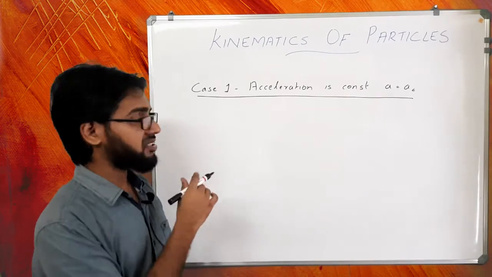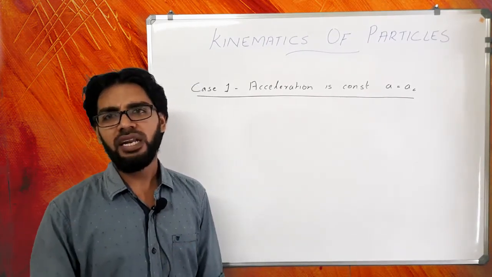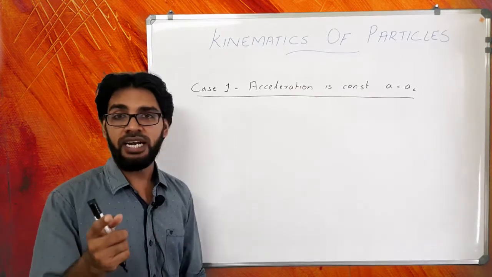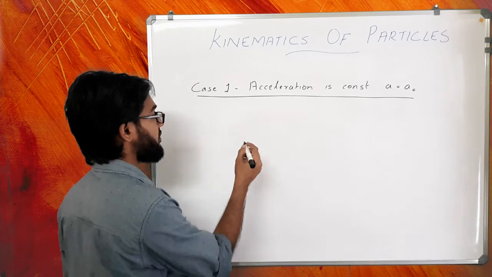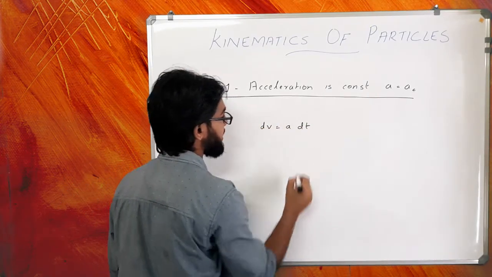You must have already studied these corresponding equations at high school, but let us just review them again. Now refer to the equation which we had done earlier: dv equals a dt.